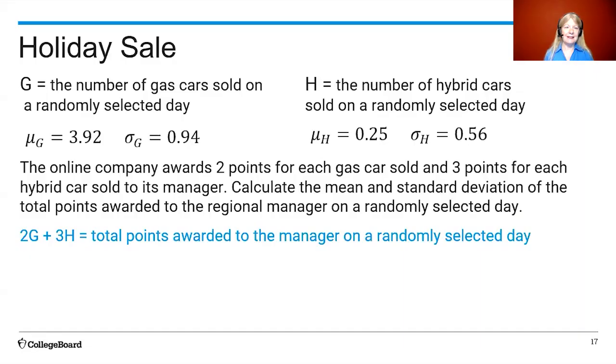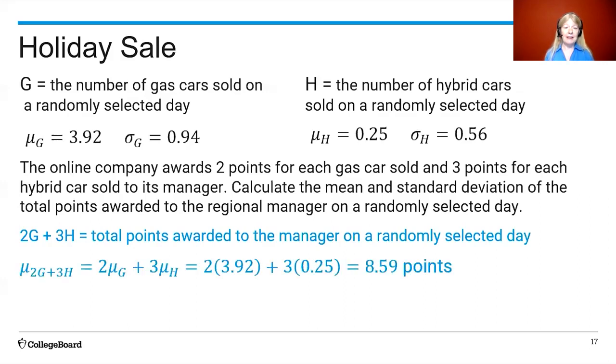Let's practice. Suppose the online company awards 2 points to a manager for each gas car sold and 3 points for each hybrid car sold. Calculate the mean and standard deviation of the total points awarded to the regional manager on a randomly selected day. So we're going 2G for the gas cars and 3H for the hybrid cars.